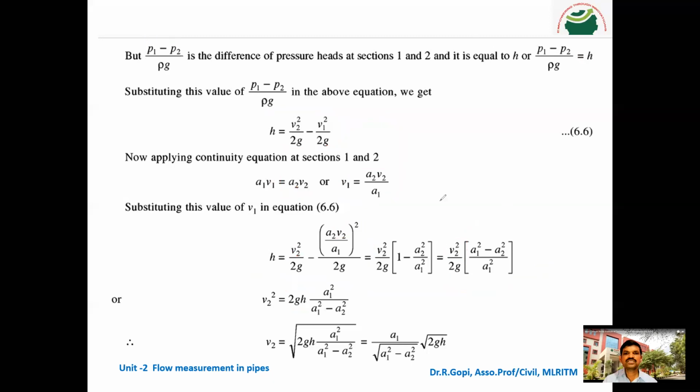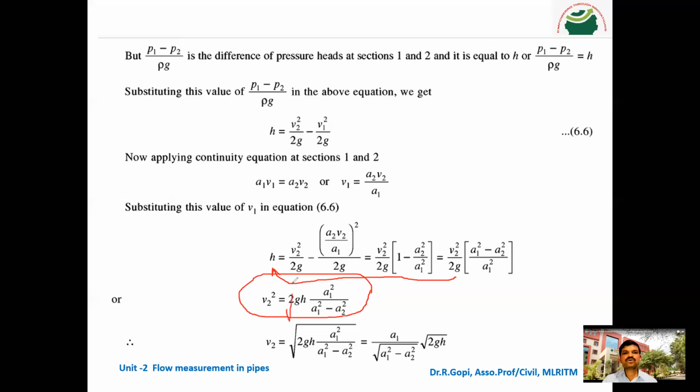Here you can see 2g goes to this side, so 2g into H into A1 square goes to the numerator, and A1 square minus A2 square goes to the denominator. So finally V2 square equals 2gH A1 square divided by A1 square minus A2 square. Here the square goes to this side means root.